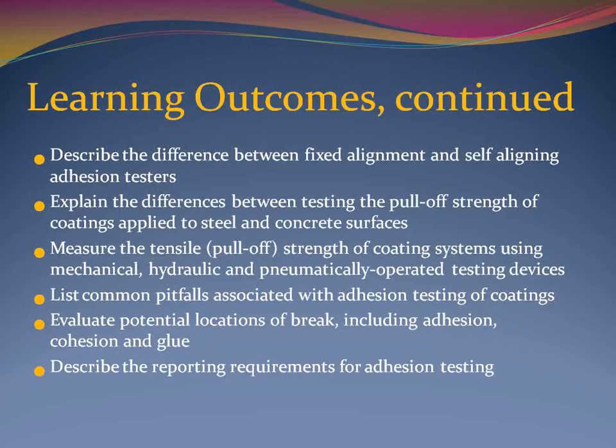You should be able to list common pitfalls associated with performing adhesion testing on coatings, evaluate and document planes of separation or locations of break, and you should be comfortable describing documentation requirements for adhesion testing. While hands-on learning cannot be done in a webinar, it is highly recommended that you practice with instrumentation prior to actual use.